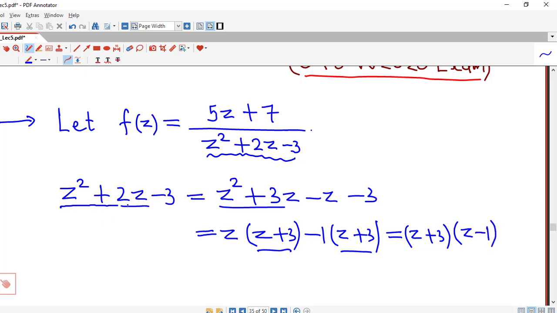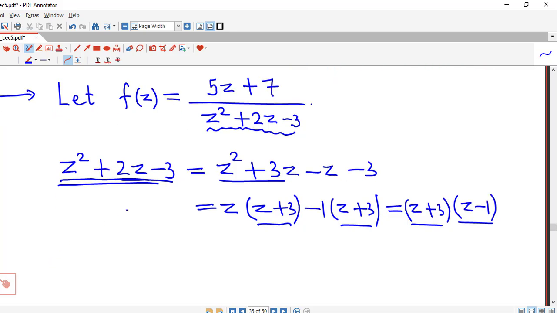So this quadratic polynomial is product of two linear factors z plus 3 and z minus 1. So this becomes 0 if z equal to minus 3 and z equal to 1. So these are the only points at which this function is not analytic. So clearly these two become isolated singularities of the given function.